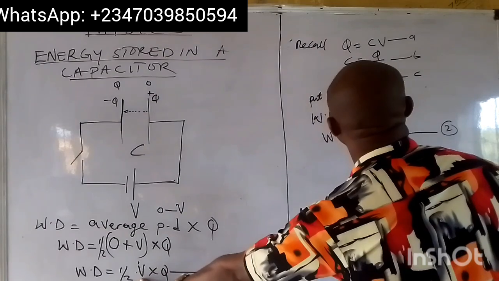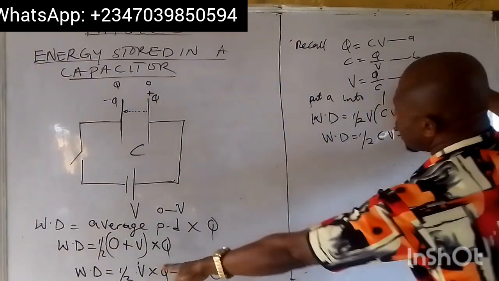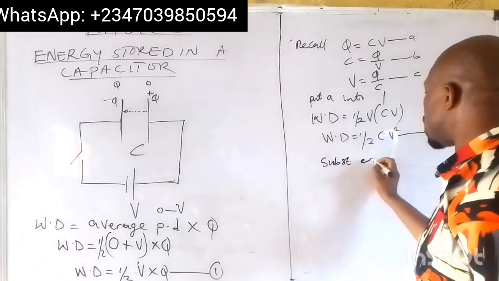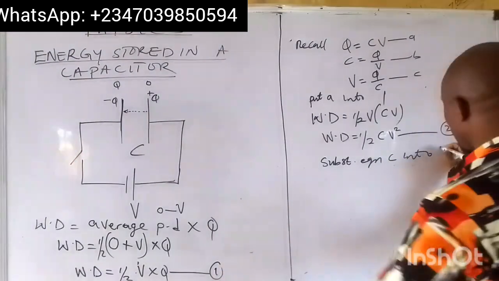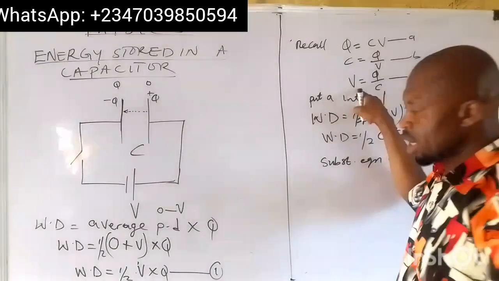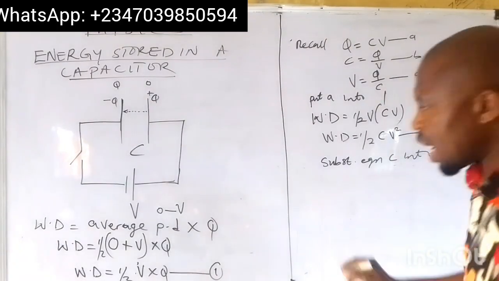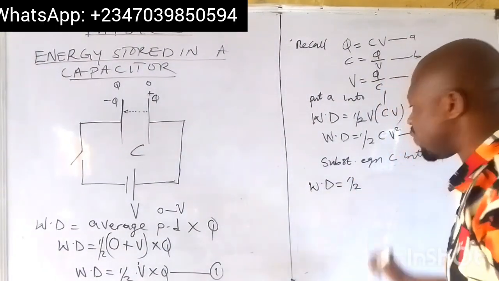This one has V here, and of course C. We can say substitute equation C into equation 1. That is, wherever we see V, we put this. So we are going to have work done is equal to half.